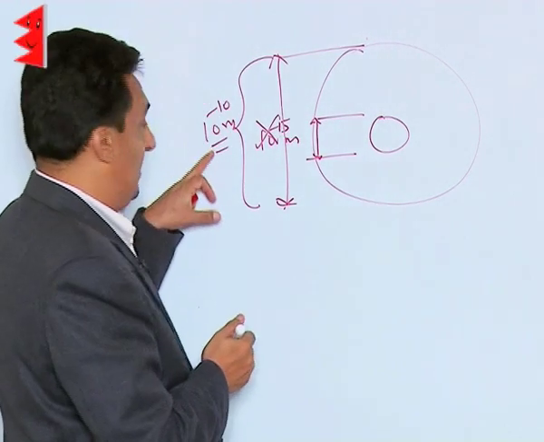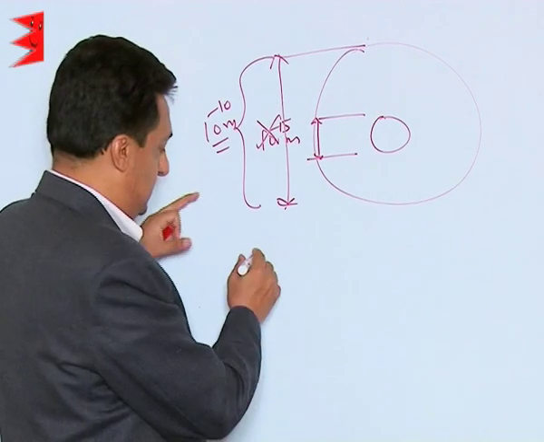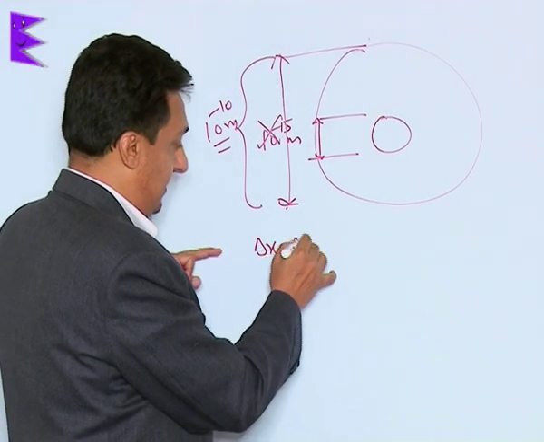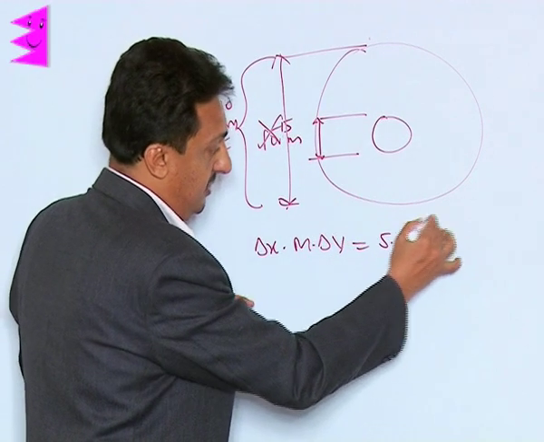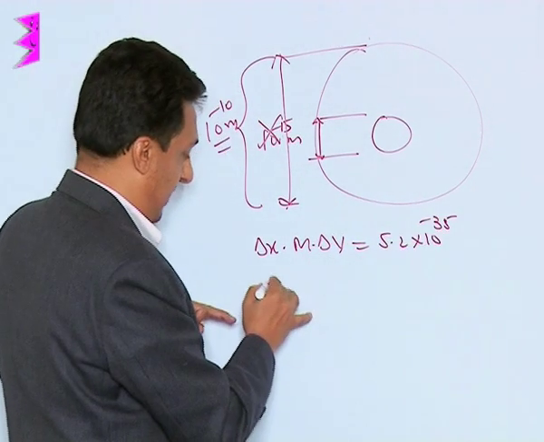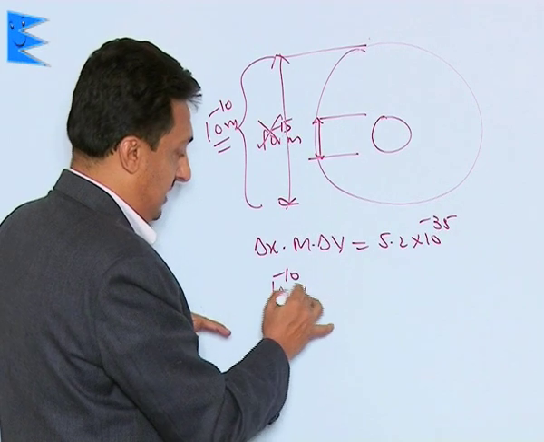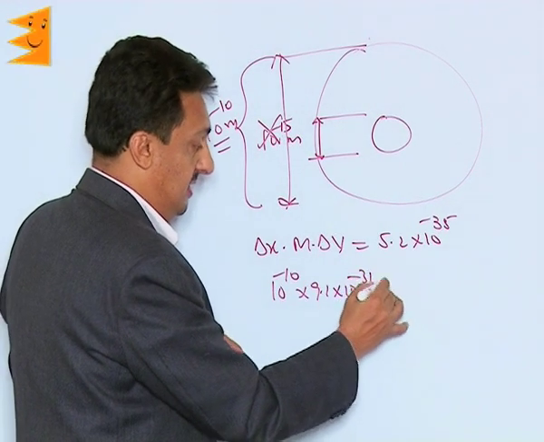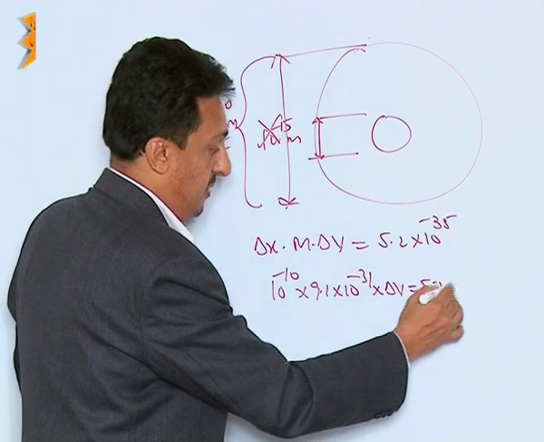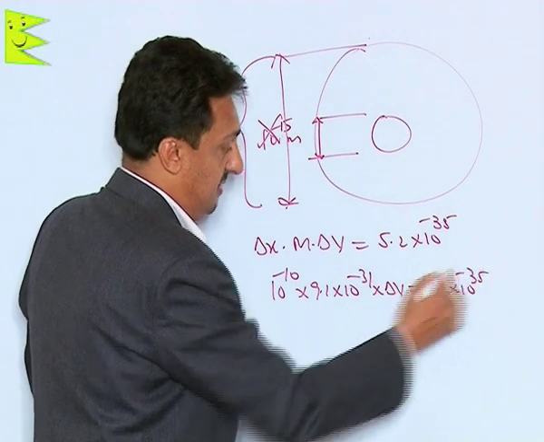If the value is changed to 10 to the power minus 10 meters, then delta x m delta v equals 5.2 into 10 to the power minus 35. So it's 10 to the power minus 10, 9.1 into 10 to the power minus 31 into delta v is 5.2 into 10 to the power minus 35.